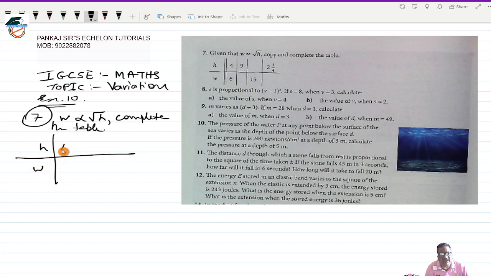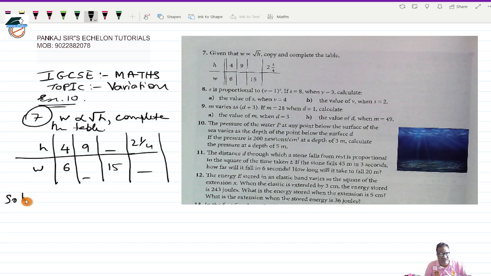When H is 4, W is 6. So one pair of H and W is given. When H is 9, what should be W? When W is 15, what should be H? And when H is 2 1/4, what should be W? These are the blanks that you have to fill up to complete the table. So the solution goes this way.